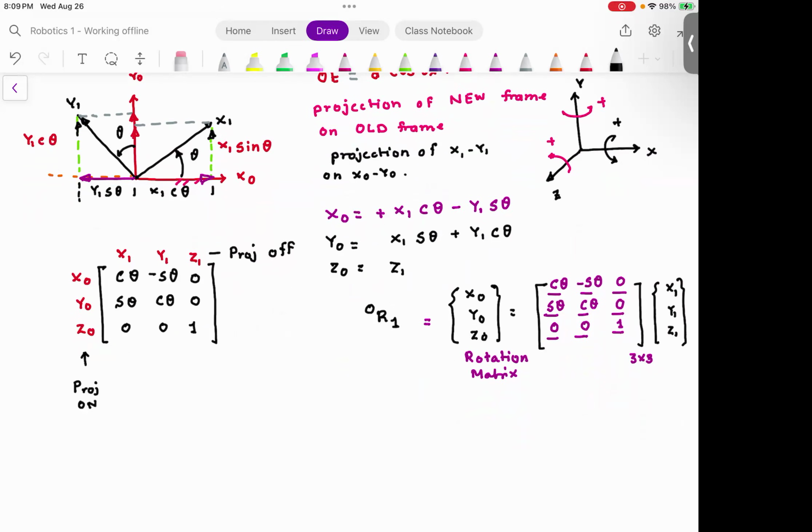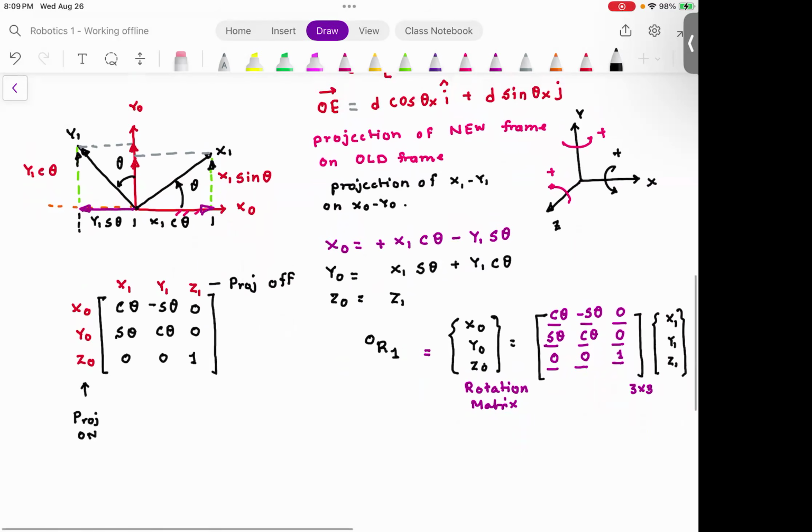I'm going to explain this once more for my own satisfaction, because in our forward kinematics and inverse kinematics, once we find the rotation matrices, this rotation matrix will pop up everywhere. So first and foremost, we draw 2 coordinate systems.